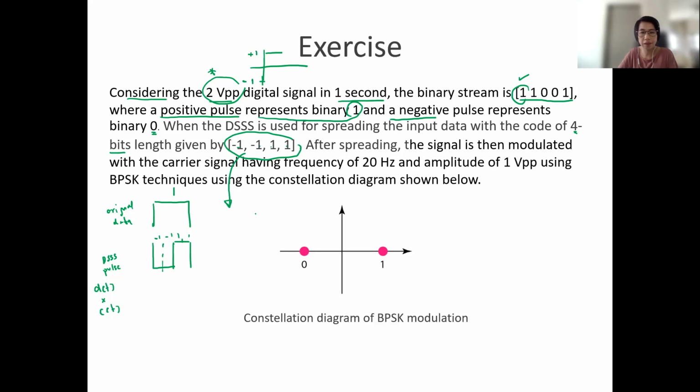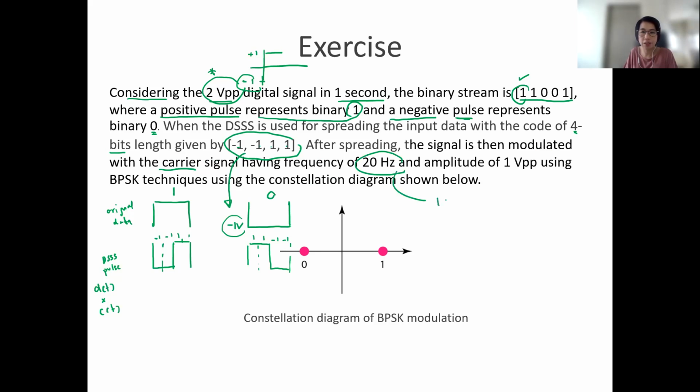So you infer that if bit 0, in terms of voltage, it will be what? A negative pulse means a negative value of voltage. So you have to multiply -1 with the code. Okay, so it will be 1, 1, -1, -1, right? After spreading, the signal is then modulated with the carrier, having a frequency of 20 Hertz.